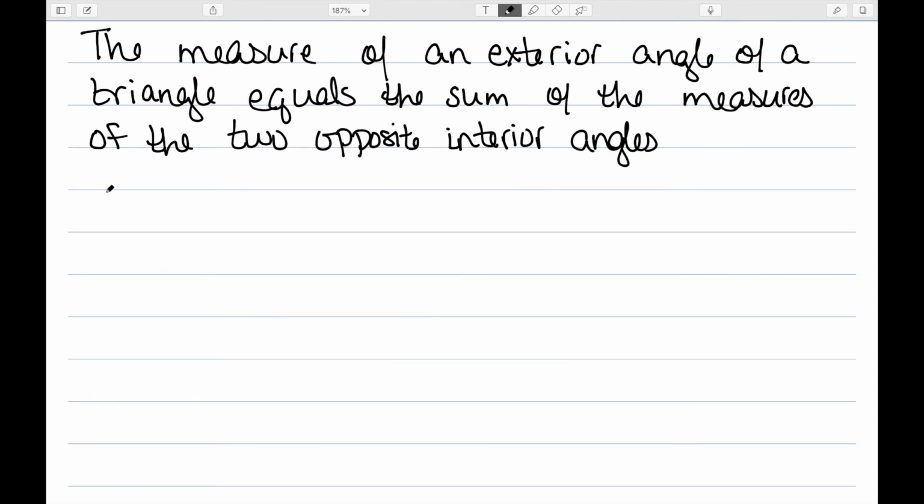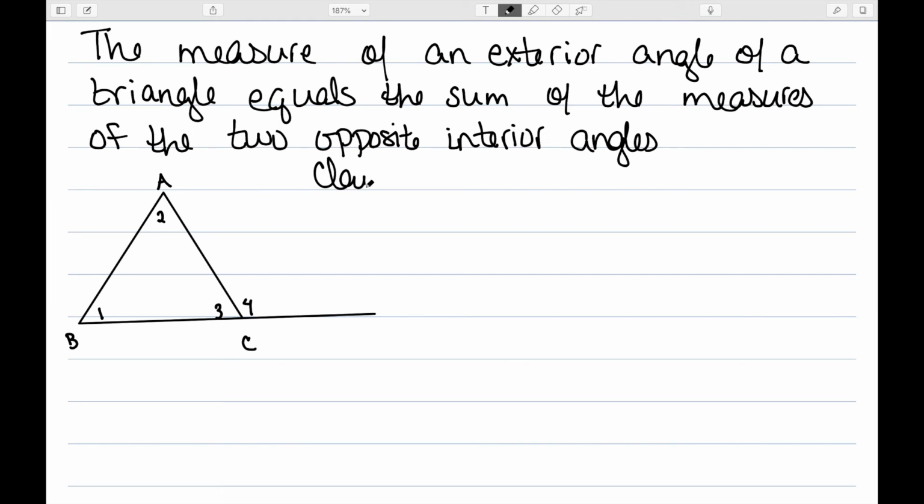My next big theorem is the exterior angle theorem. This says if we have a triangle, the measure of an exterior angle of a triangle equals the sum of the measures of the two opposite interior angles. So let's suppose we have this triangle and we're going to label these angles 1, 2, 3, and 4. What we're claiming with this theorem is that angle 4 is the same as angle 1 plus angle 2.